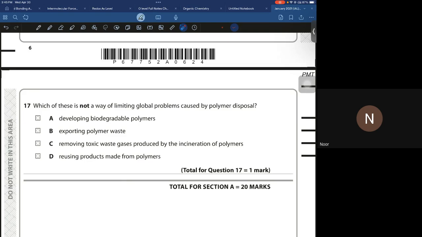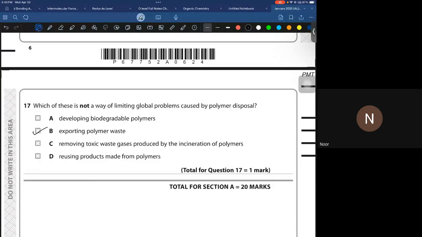So where would you export? Over there it would also be the main cause of the problem. It would be releasing some sort of toxic gases, of course. So it's not a way of limiting global problems. So option B is correct.